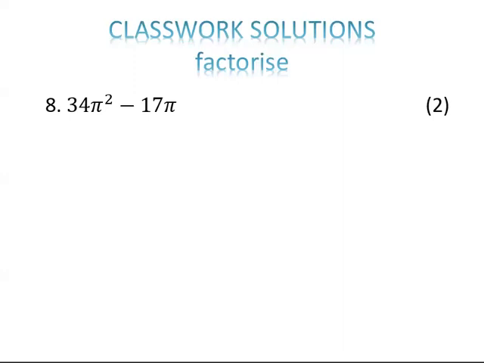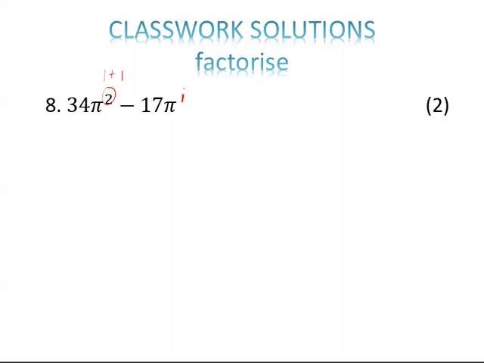Please note that the pi attached to 17 has the highest exponent of 1. We've got an exponent of 1 here, and in the π², we've got 1 plus 1.